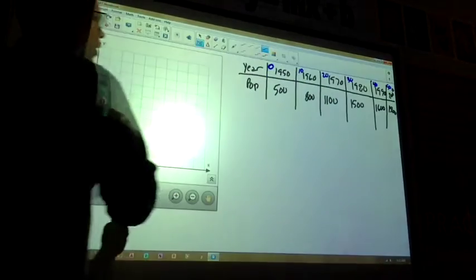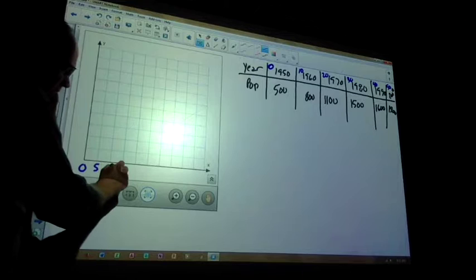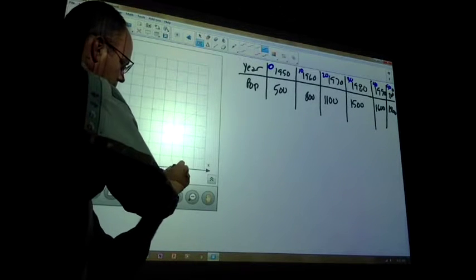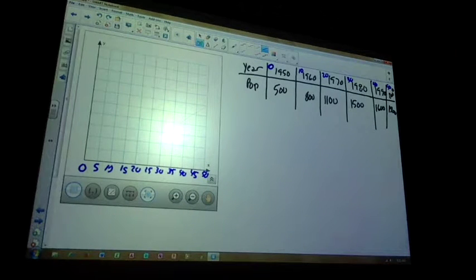Okay, so I'm going to 50. So maybe I'll count by 5. So 5, 10, 15, 20, 25, 30, 35, 40, 45, 50. And that represents the years. And then our population goes from 500 to 1900.